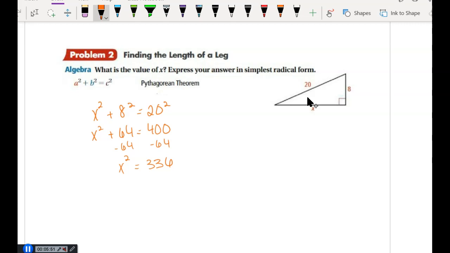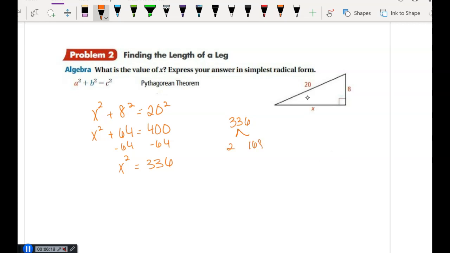And when I do that, I cannot. So what do I get? I get 18.33. And so it's not a perfect square. So I'm going to do the method that works for me without fail. I'm going to do my factor tree.